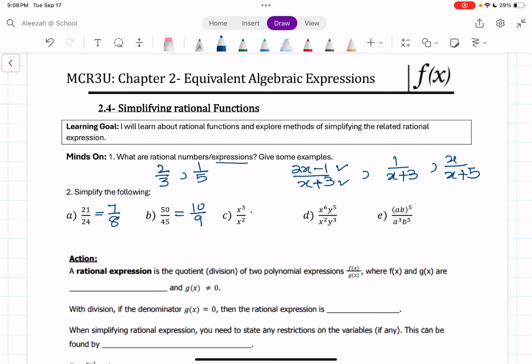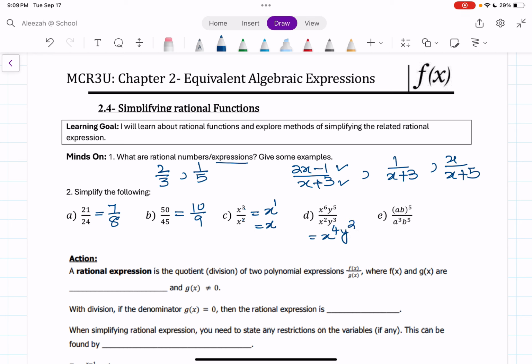Now here, when you have two variables, and when you divide these two variables, they both are x, so we just subtract the exponent. So the answer will be x. 3 minus 2 is 1, or you can simply write x. Similarly, when we divide these two, it will be x to the power of 4 and y to the power of 2.